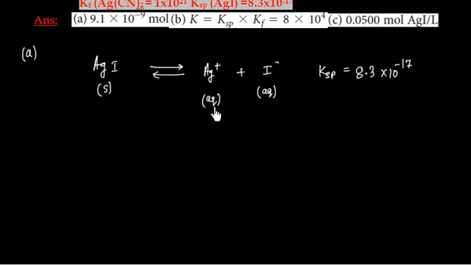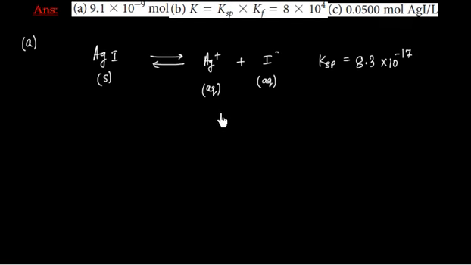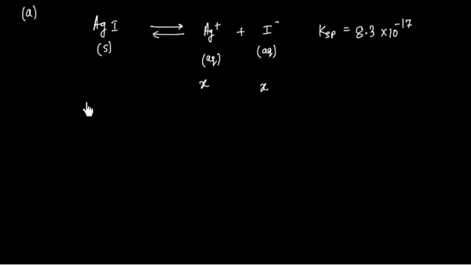Now let us say x mole per liter Ag plus dissolves, then I minus will also be x mole per liter. We can write the expression for Ksp. So Ksp will be the concentration of Ag plus multiplied by the concentration of I minus.